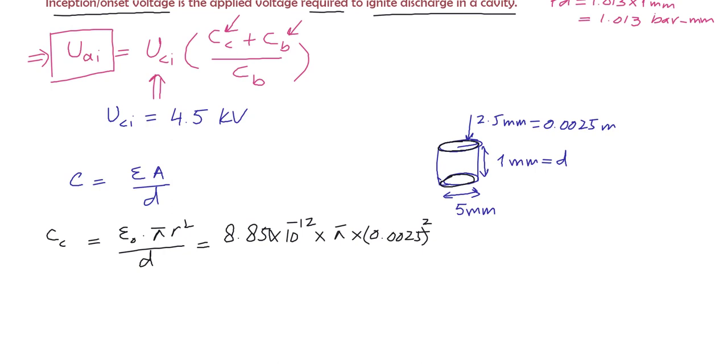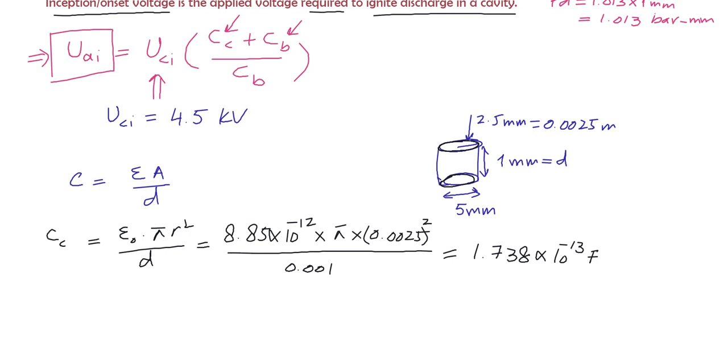Okay, and divided by d is 1 millimeter. We need to put all the dimensions in meters, so we are gonna put it 0.001 meter instead of 1 millimeter. And if we solve it using calculator, we will get a result 1.738 into 10 raised to the power minus 13 farad.